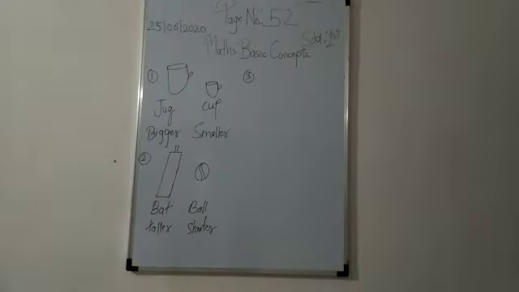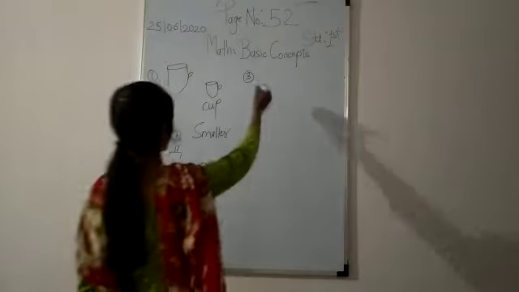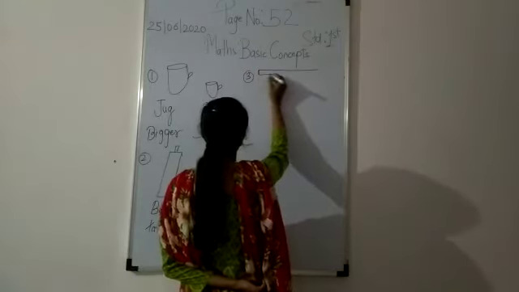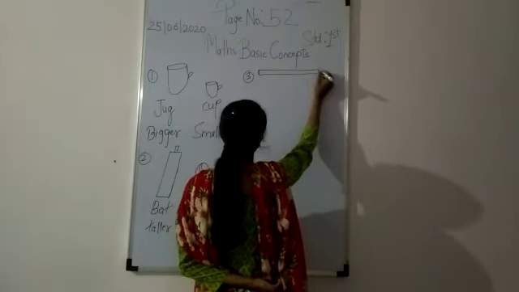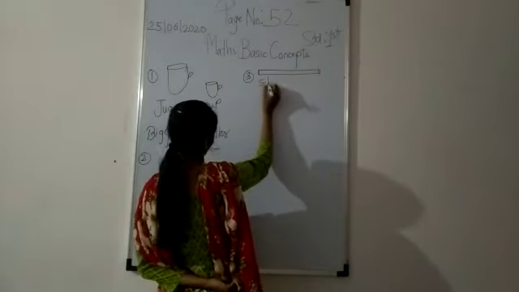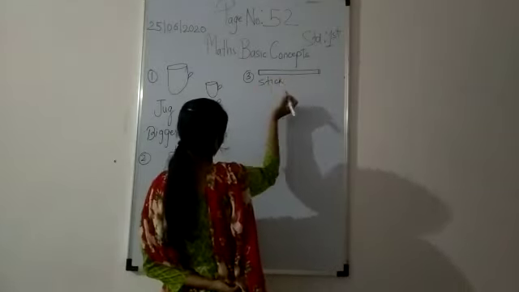Then we go to the next, third picture. Third is a picture of a stick and a pen. So everybody knows what is a stick. Your grandfather or your grandmother uses a stick to walk. So when you see a stick, it is little long. It is little big. Okay. So if I say that this is a stick, stick.